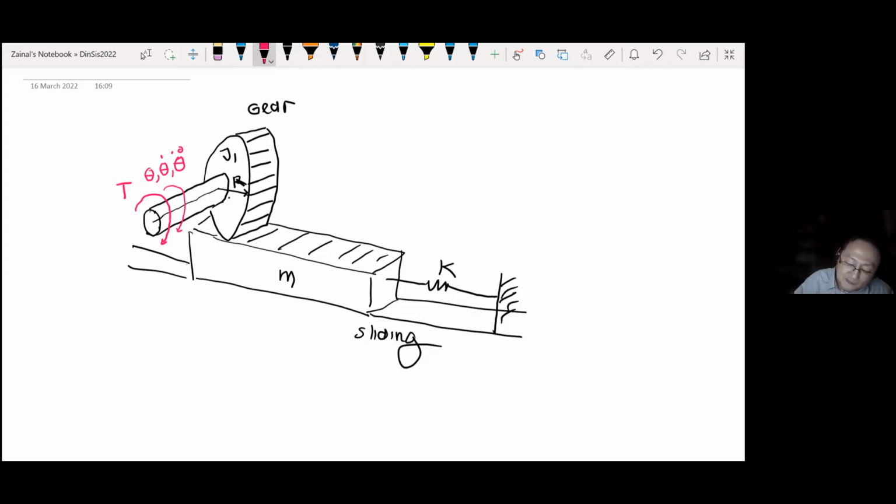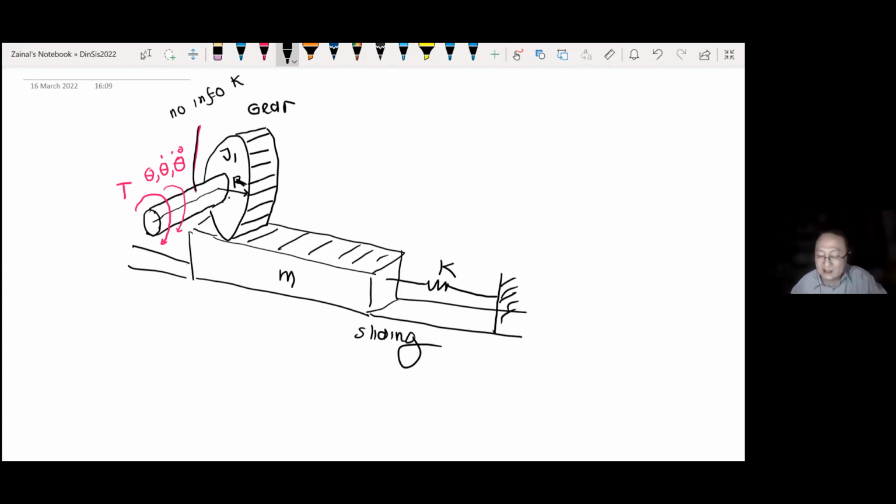Now how can you apply this one? If there is no information concerning K, it means that this one is stiff.